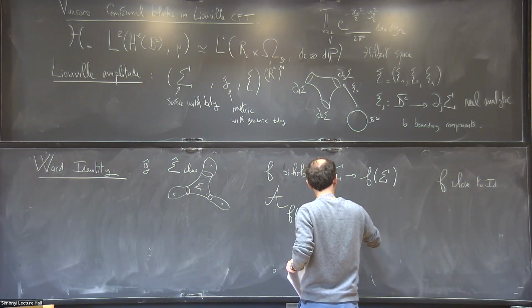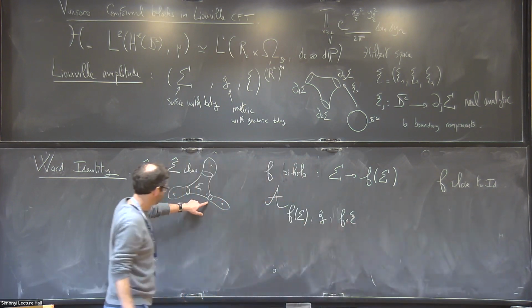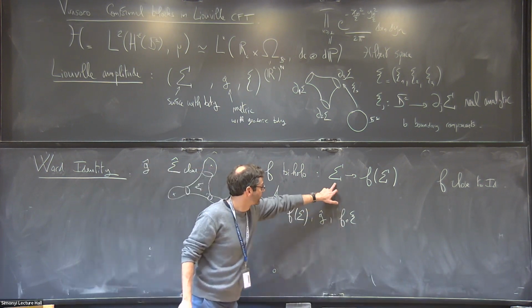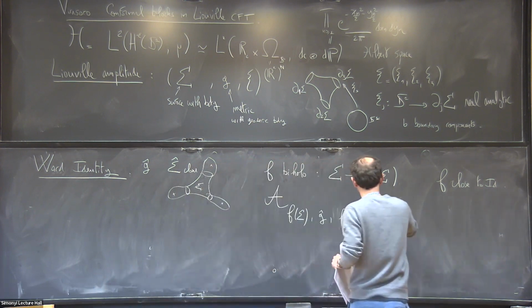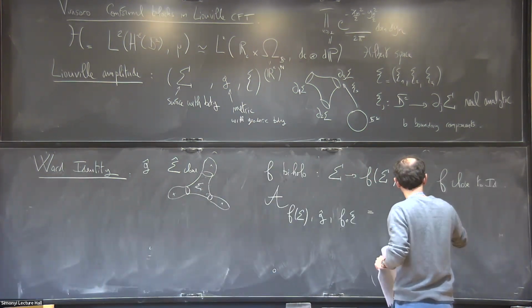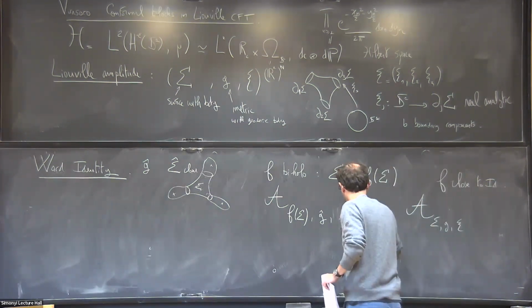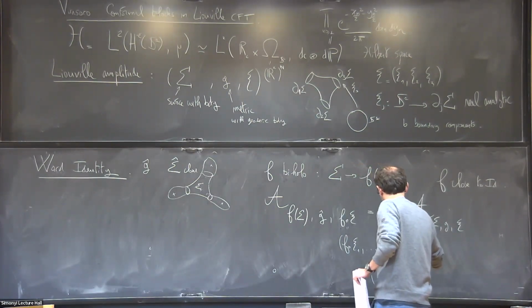You have your parametrization, like C1, C2, C3. You can compose on the left by this biholomorphism, which gives another parametrization. If you do this, it turns out that you get the same value for the amplitude. Here, what I mean is really F composed with C1, F composed with C3.